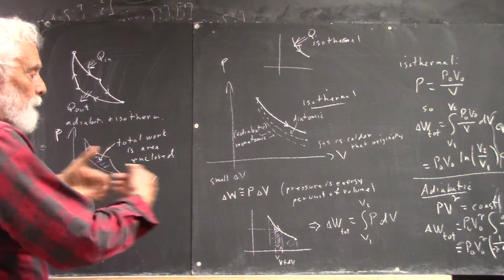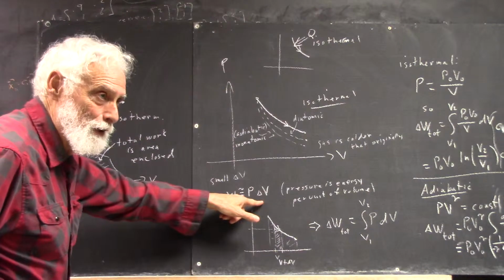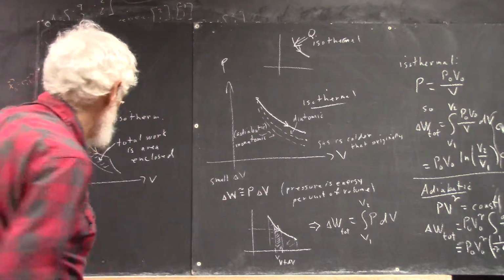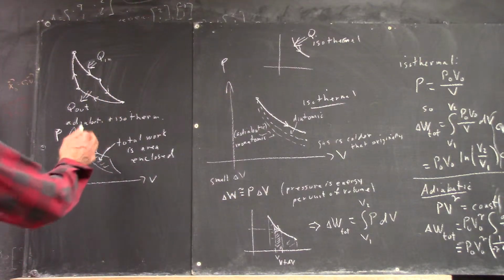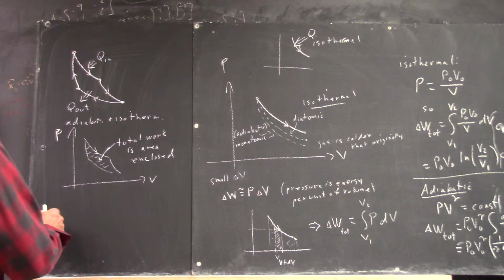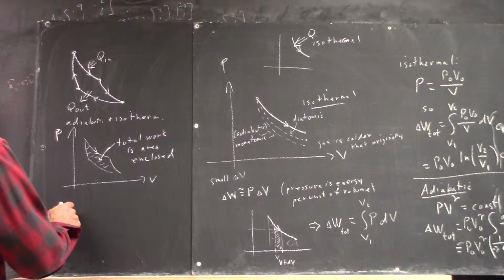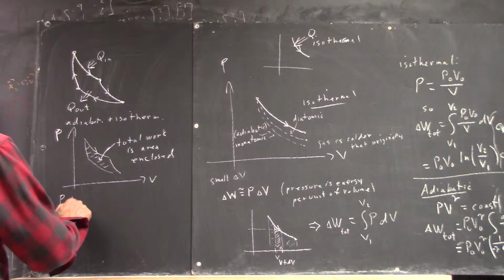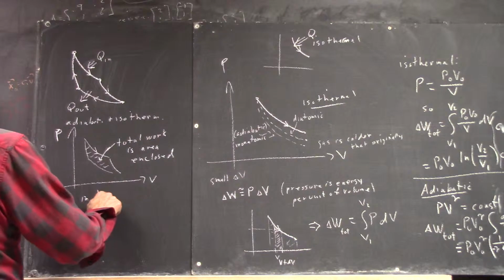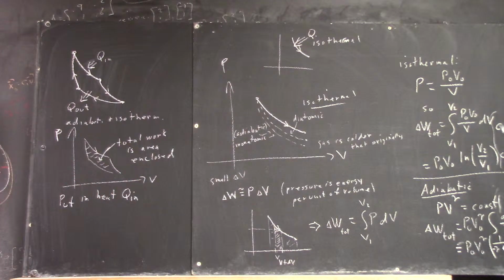Then your delta V's would be negative if you were going in that direction. Your pressure's positive, so this tells you you get negatives, right? Okay, so total work is the area enclosed. So you put in heat Q in.